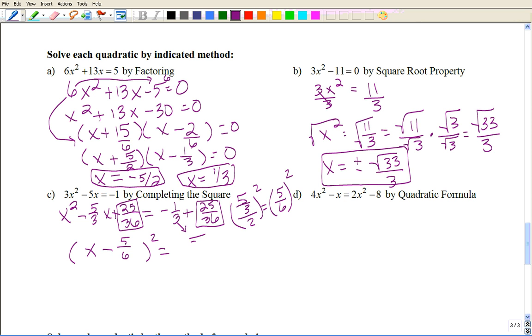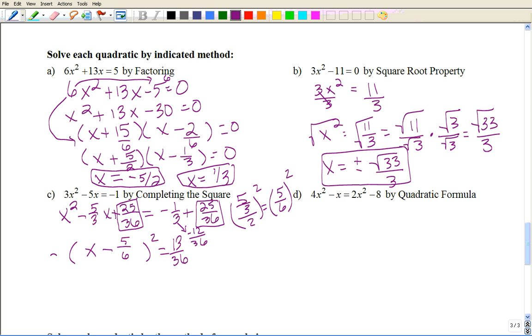So to get a denominator of 36, I had to take 3 and multiply it by 12, so I'll need to take the negative 1 and multiply it by 12 as well. So negative 12 plus 25 is going to be 13. So we have 13 over 36.